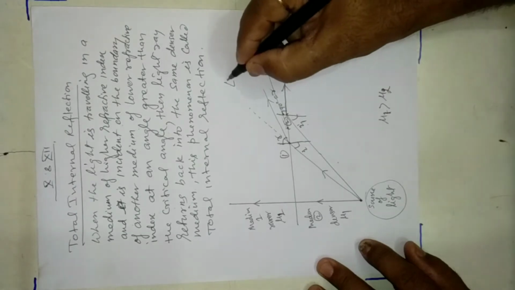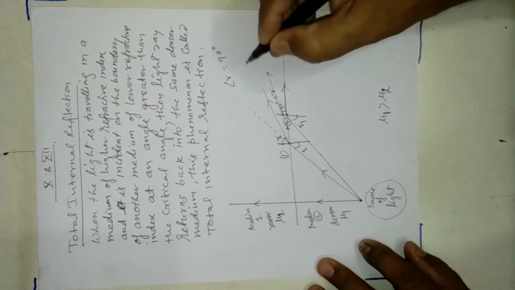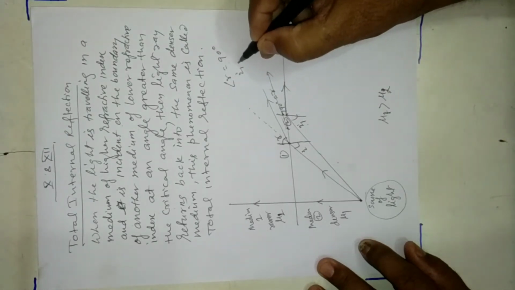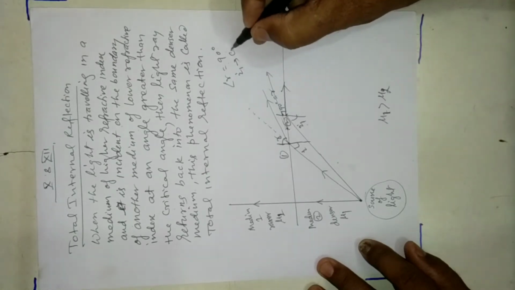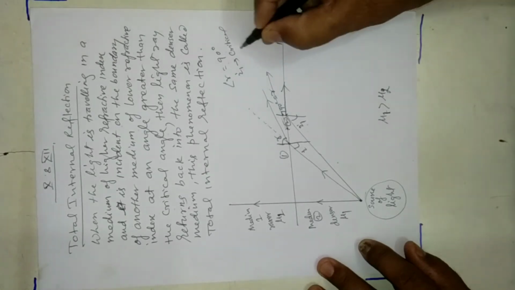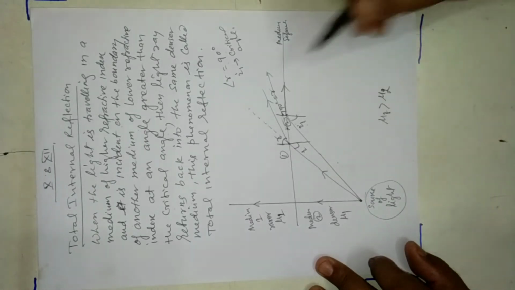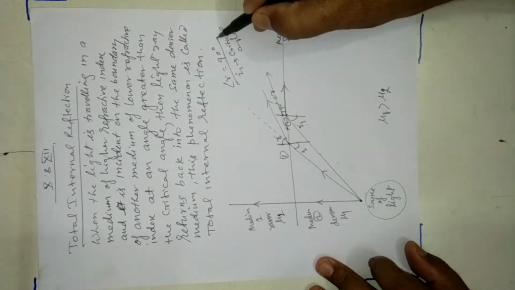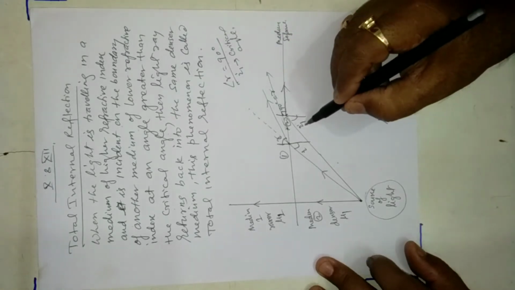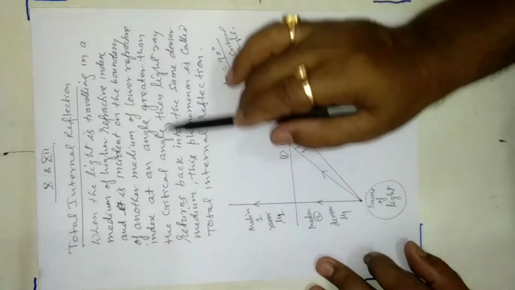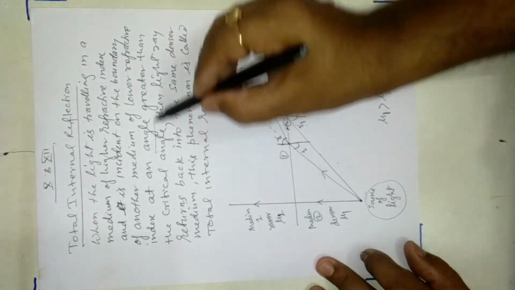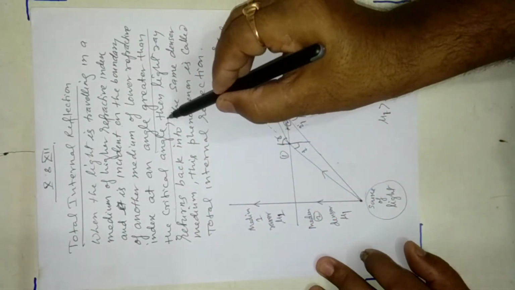When the angle of refraction is 90 degrees, that angle of incidence is called the critical angle. Critical angle is the angle of incidence in the denser medium for which the angle of refraction becomes 90 degrees. So in the definition we used the angle greater than the critical angle.